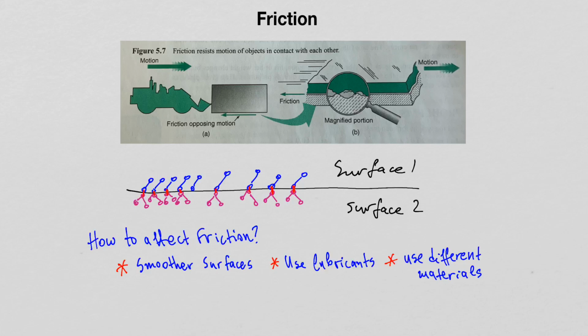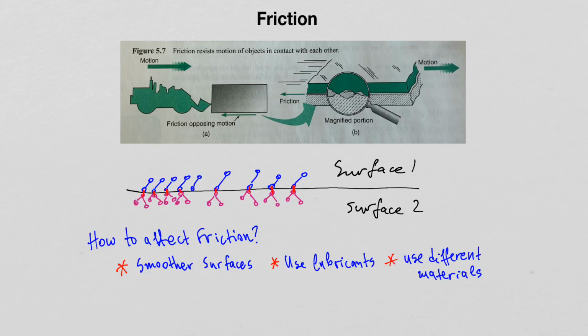For example, if you take two panes of glass and press them against each other, glass is extremely smooth, and so a huge amount of adhesive force will be created between the two panes, and essentially that will generate a giant amount of friction force, and it's going to be essentially impossible to slide the two panes across each other.